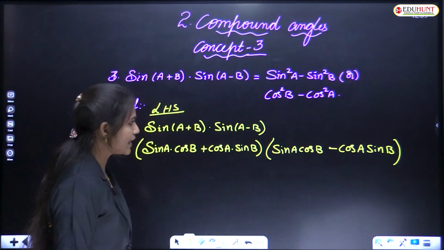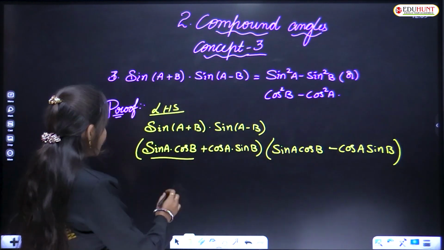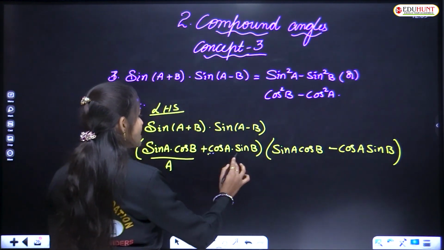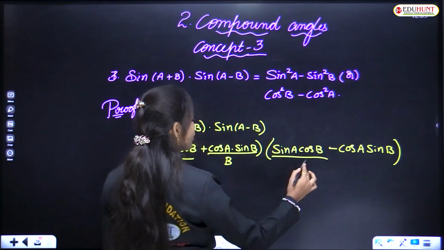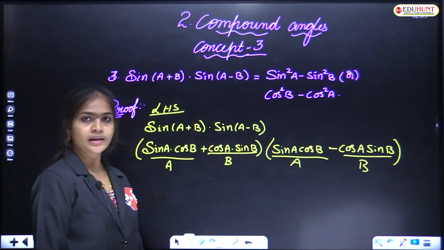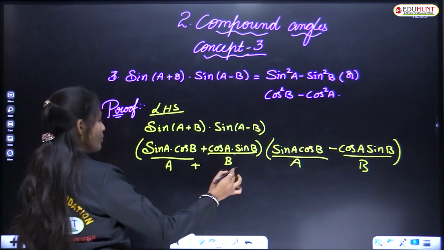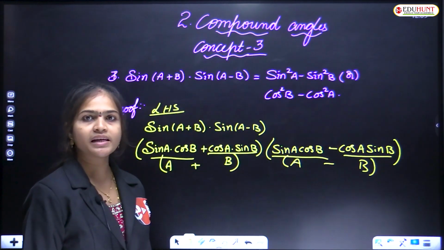Just like the previous theorem, let sin a cos b be taken as a, and cos a sin b be taken as b. Clear? So again this is in the form of (a plus b) into (a minus b), no?